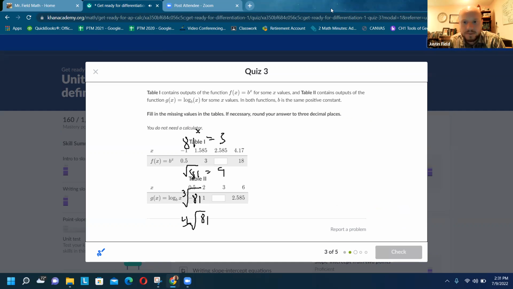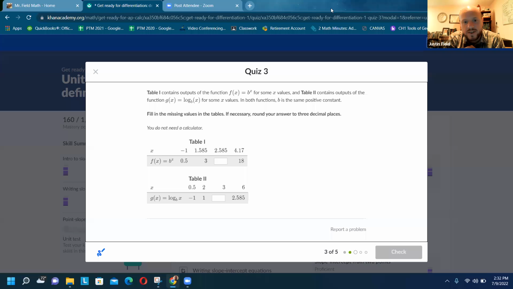All right. Table 1 contains outputs of the function f of x equals b to the x for some x values. Table 2 contains outputs of the function g of x equals log base b of x for some x values. In both functions, b is the same positive constant.